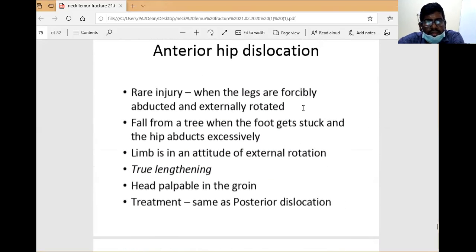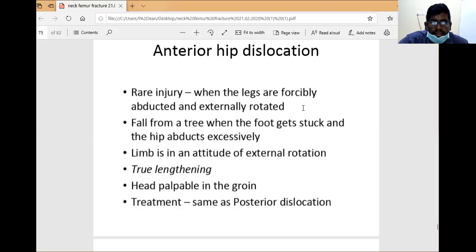So the next dislocation is anterior hip dislocation. It's very rare, and occurs when the leg is forcibly abducted and externally rotated. So the position here is abducted and externally rotated. In posterior dislocation of the hip, it is flexion, adduction, internal rotation. Here it is reversed. The head of the femur is anterior and inferior to the acetabulum.